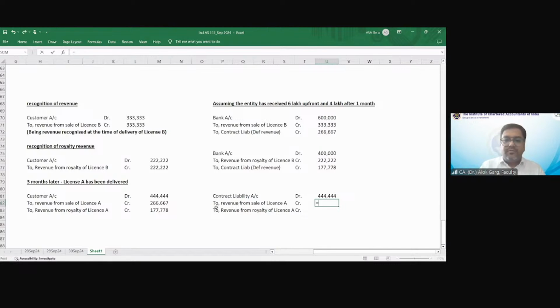Right. So this is the value. I hope now with the help of accounting entries, this aspect is clear to all of you. Friends, the intent of Ind AS 115 is you have to do the fair allocation while recognizing the revenue. And why is it important? It is important because the timing of revenue depends on the delivering of performance obligation, right?